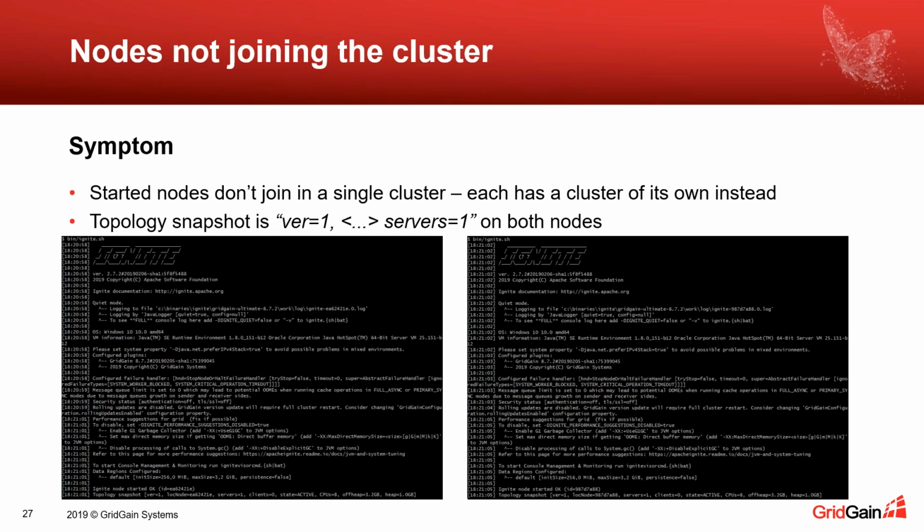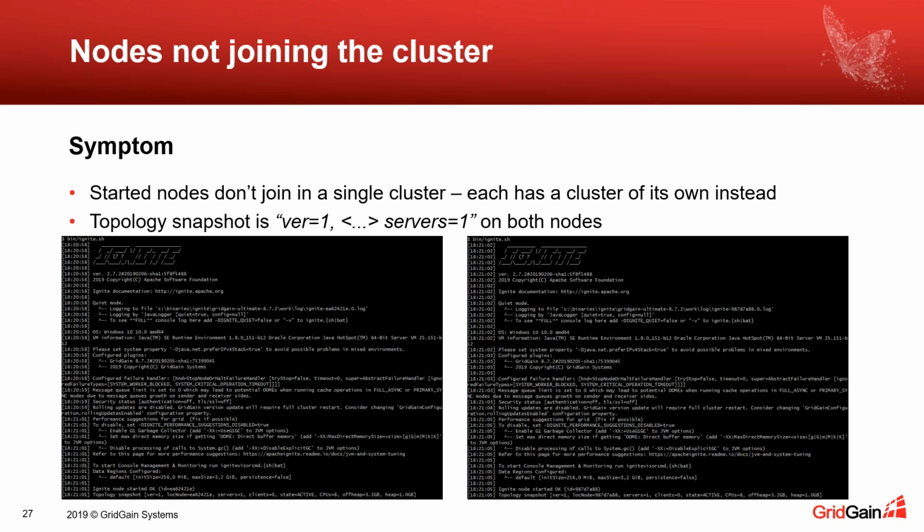Suppose you have started two nodes on two servers, and you expect them to connect, but the last message that you see in this first screen after the startup is topology snapshot version 1, servers 1, and you see that on both nodes.